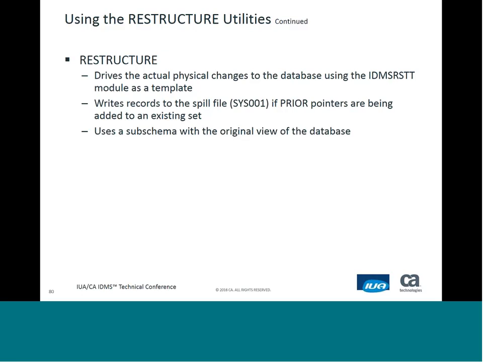If you are adding owner pointers, the sys001 DD statement must be there, but you can dummy it because we're not going to write anything to it. And so when we go to the connect, you can also pass that dummy file to it. It will look for it, but it doesn't require any data out there to resolve the owner pointers. Only prior pointers being added to an existing set.